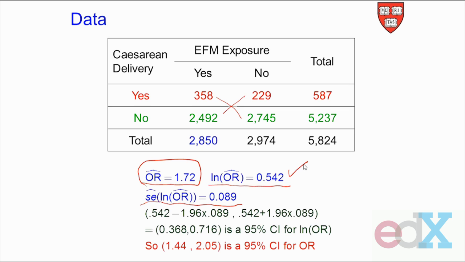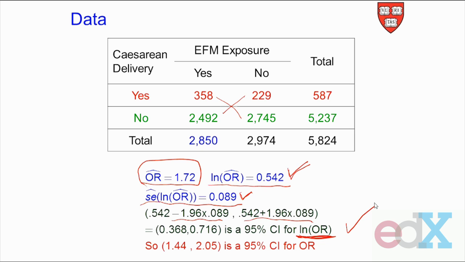So this minus 1.96 times that, and this plus 1.96 times that, will give me a 95% confidence interval for the log of the odds ratio. So there it is: 0.368 to 0.716.